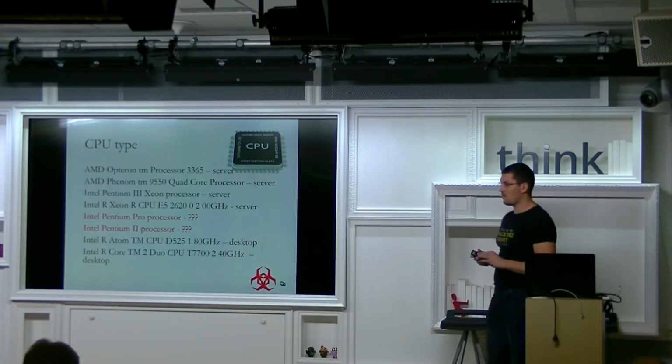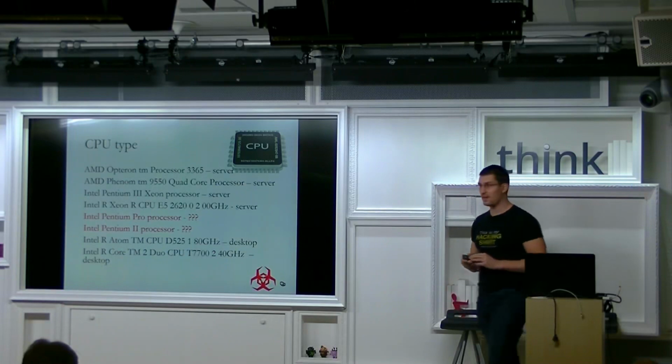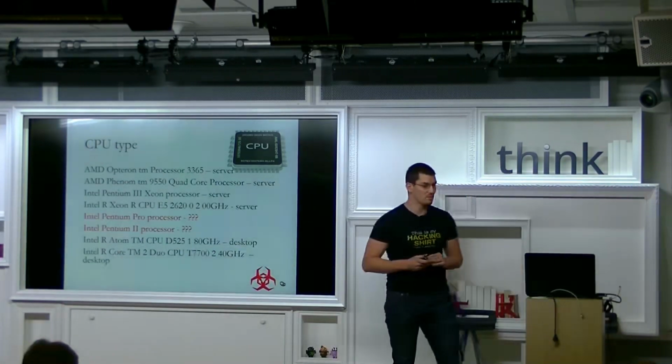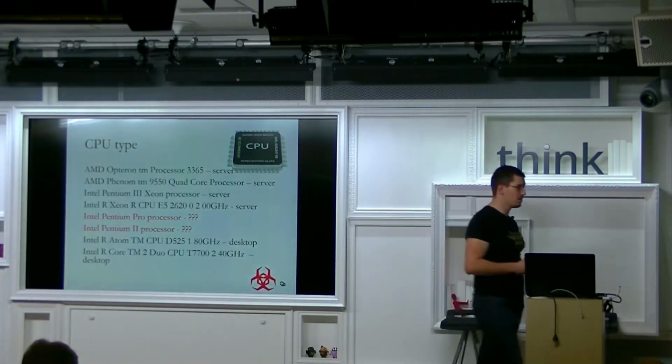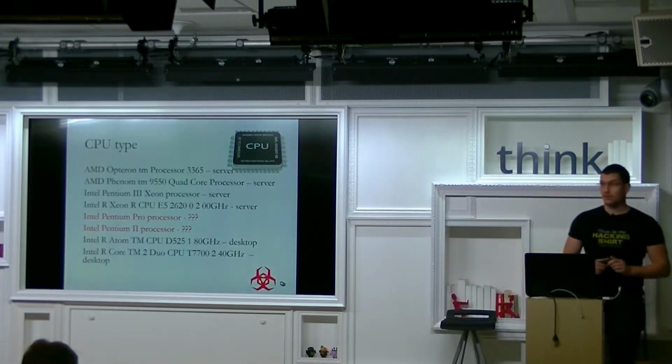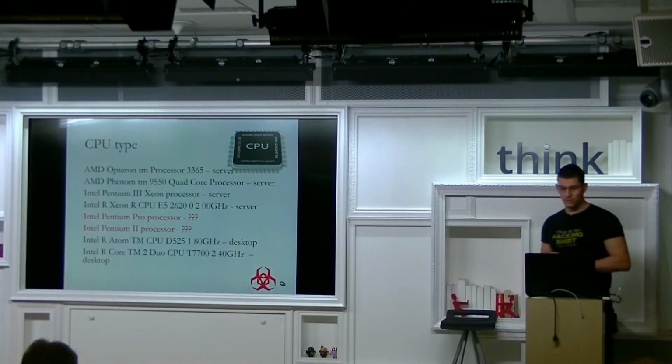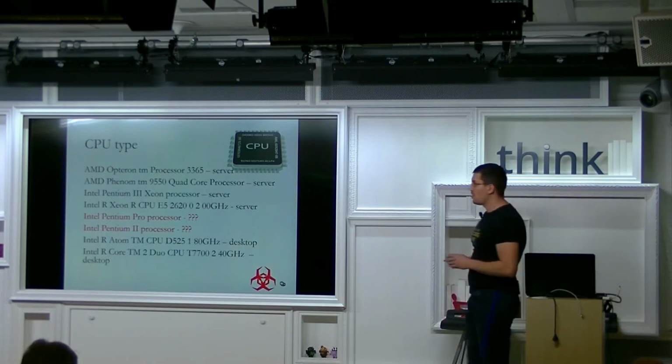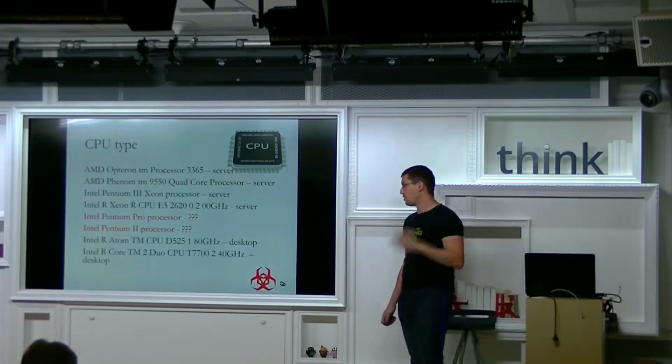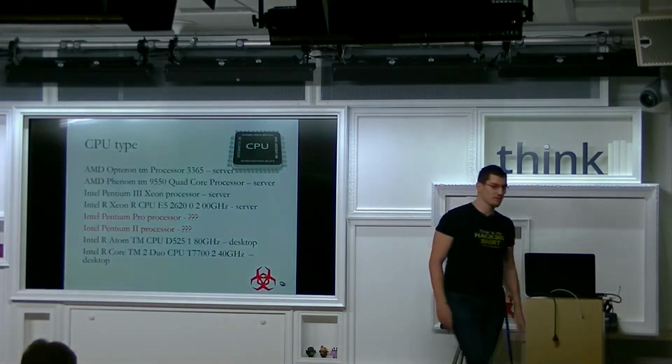I have seen some very old processors as well, like Intel Pentium 2 and Intel Pentium Pro. I have no idea what that was. But there were some sandboxes which used, or at least faked, real desktop processors like Intel Atom or Intel Core processors.